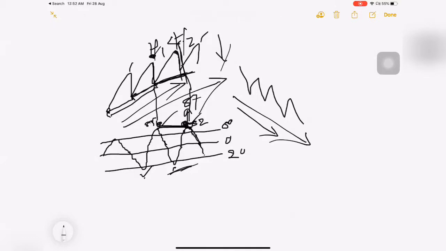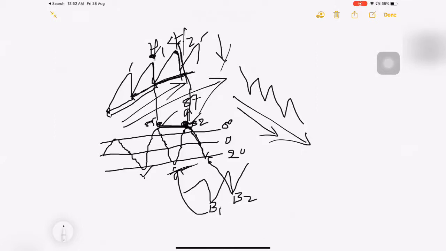Similarly, if the market goes like this, this is bottom 1 and this is bottom 2. Suppose this is the RSI oversold for bottom 1, and this is the RSI oversold for bottom 2.